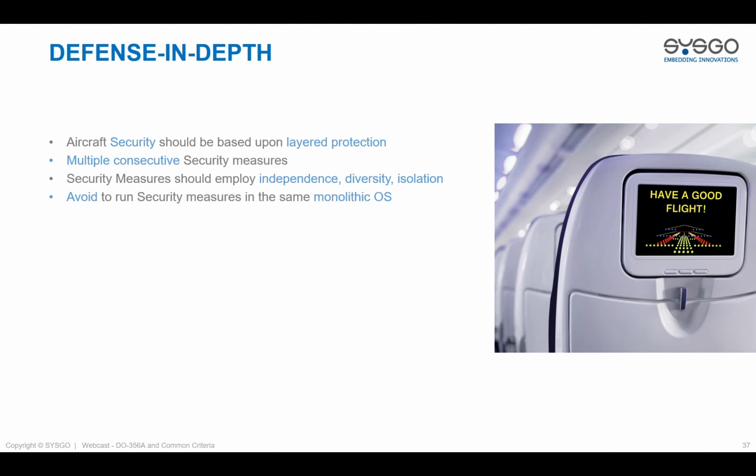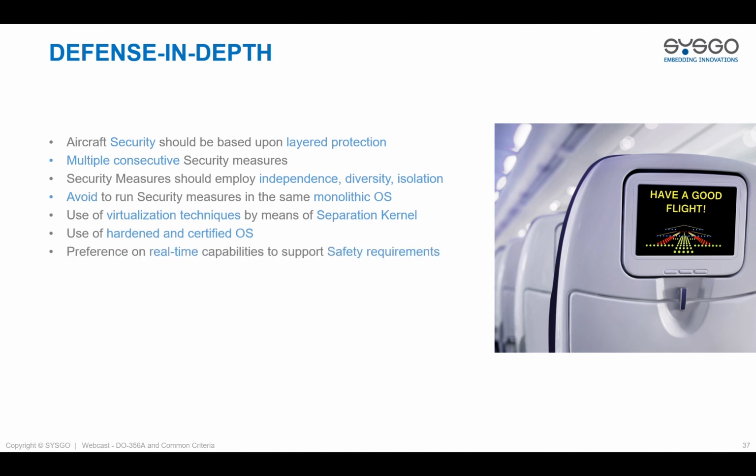Instead, use virtualization techniques by means of a separation kernel, for example. You should always make sure that you use a hardened and certified operating system. The preference is on real-time capabilities to support safety requirements, and partitioning allows the implementation of intrusion detection systems without these systems interfering with safety-critical applications.